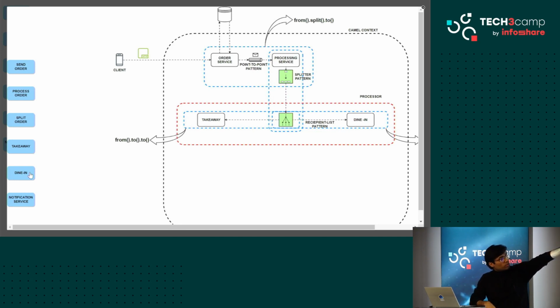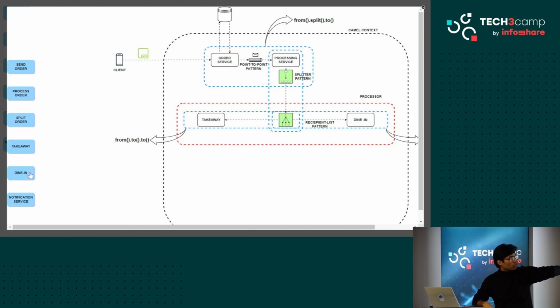This is the Camel syntax of how you define a route when you have interacting services. Similarly, when the order gets broken from the processing service, there is a route between the processing service and the takeaway part, as well as a route between the processing service and the dine-in part.